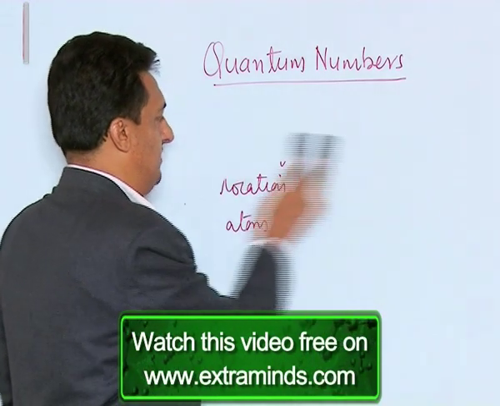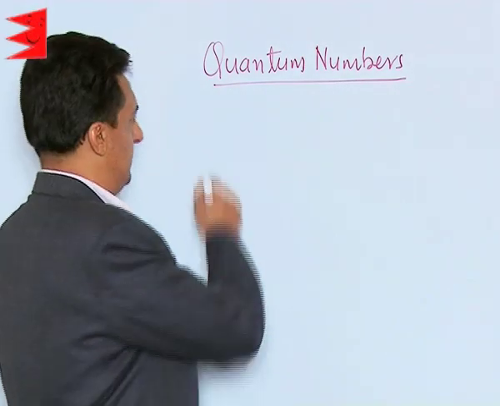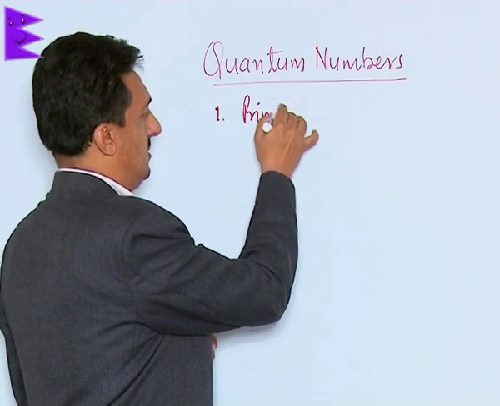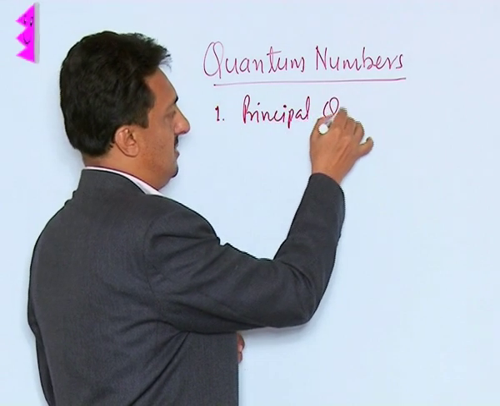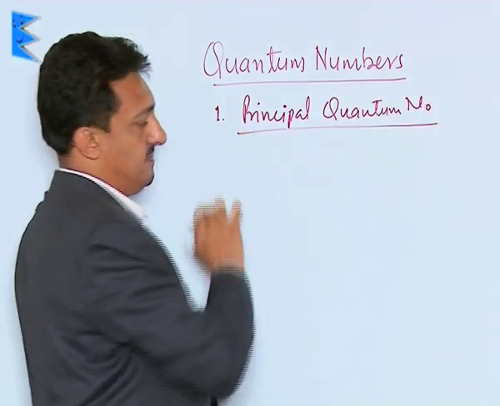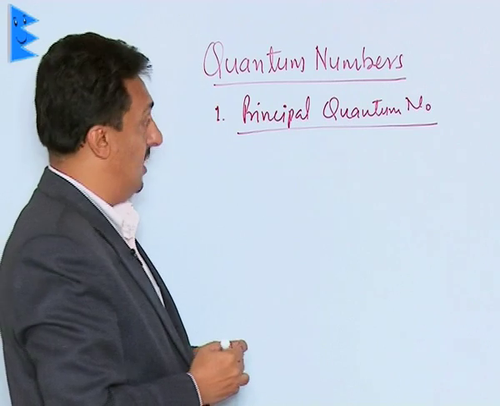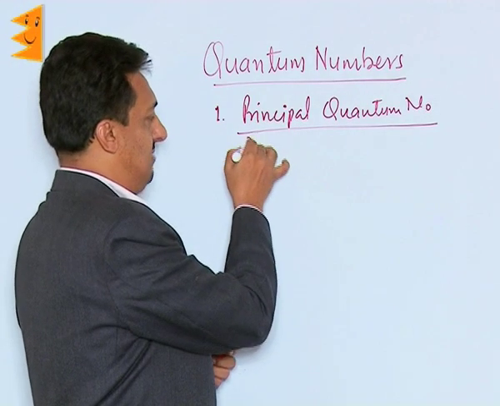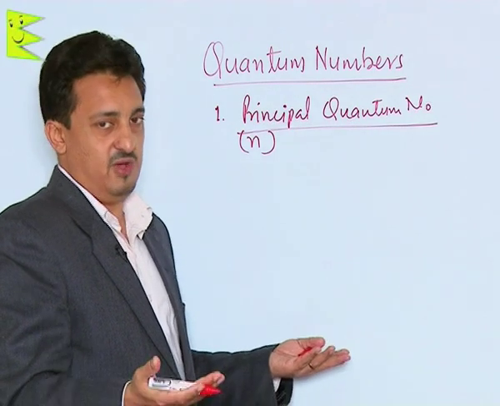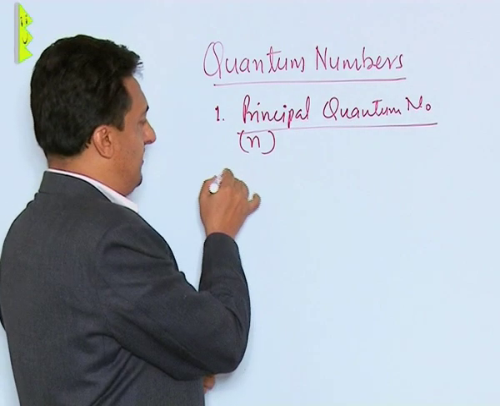The first quantum number is called the principal quantum number. Its symbol is n. It's also called Bohr's quantum number because it was given by Bohr. So what is the principal quantum number?